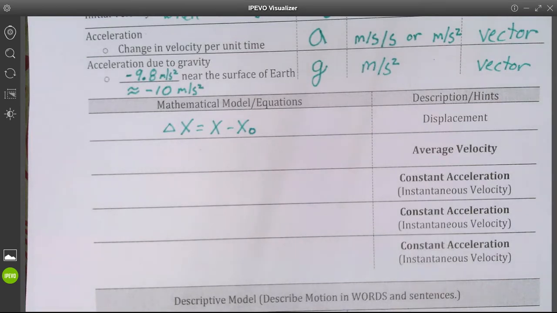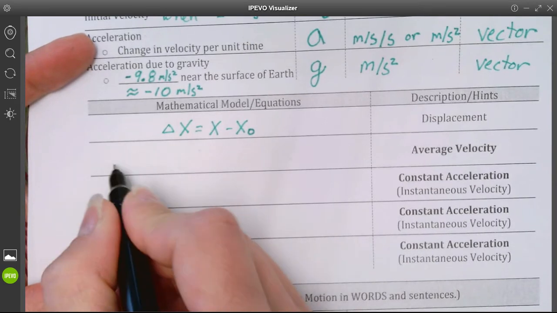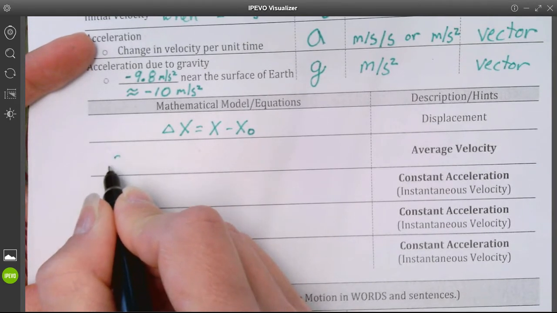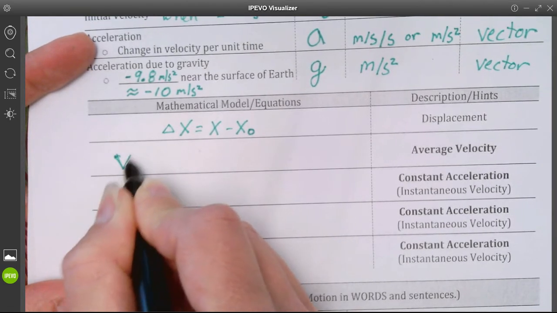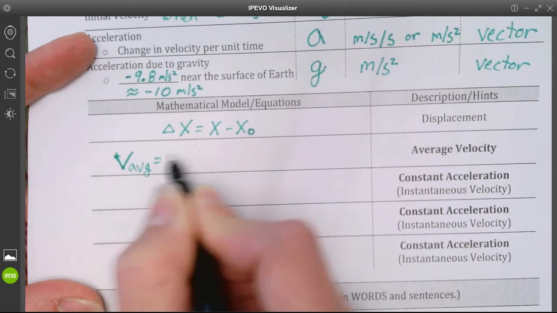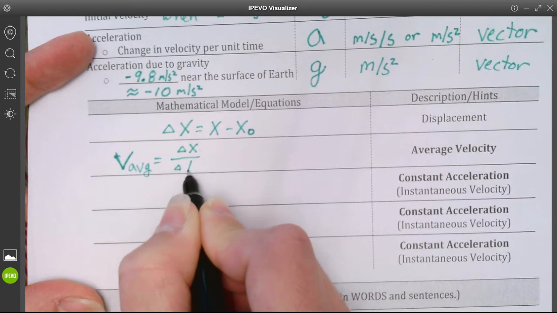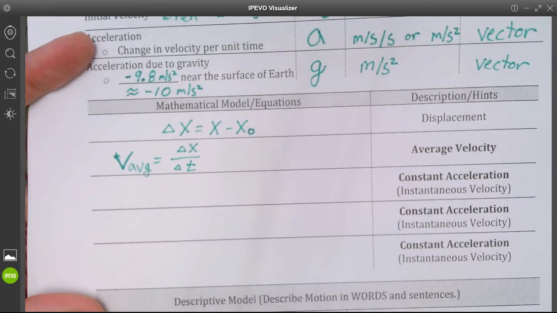Average velocity, we can write two different ways. Our average velocity equation that we learned first just looks like this: average velocity is our total displacement over our total time.